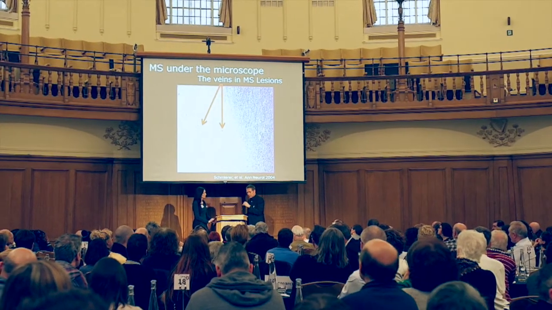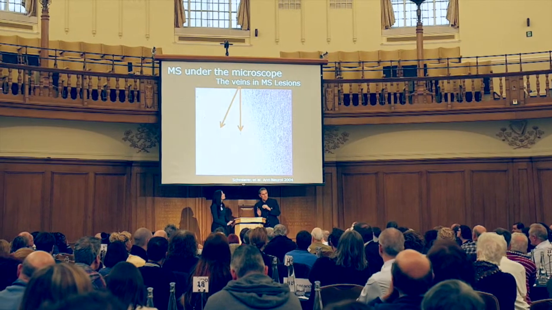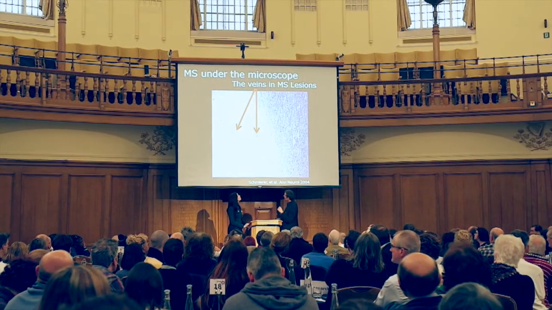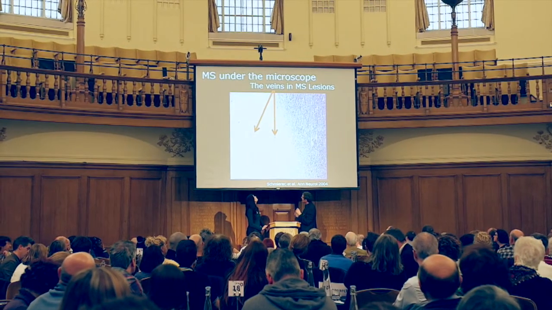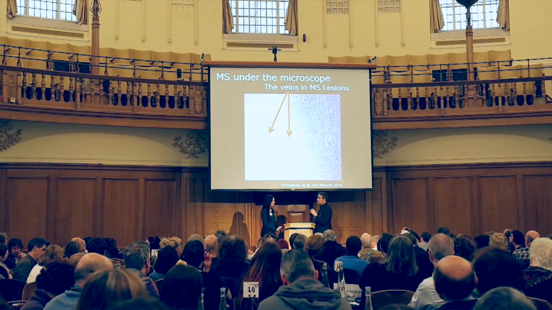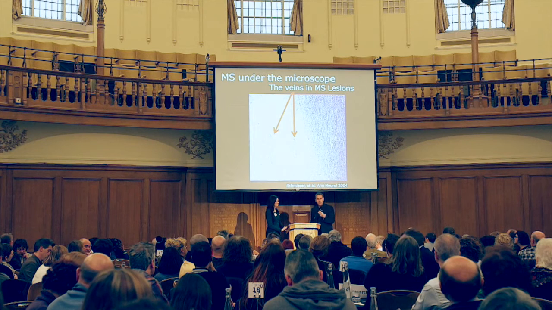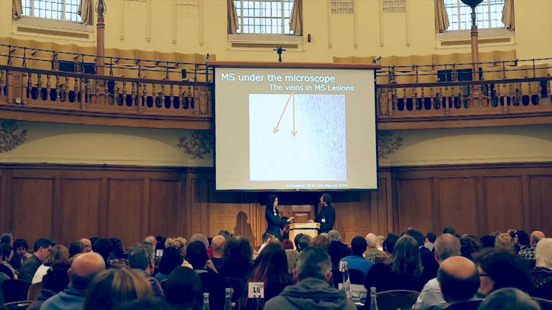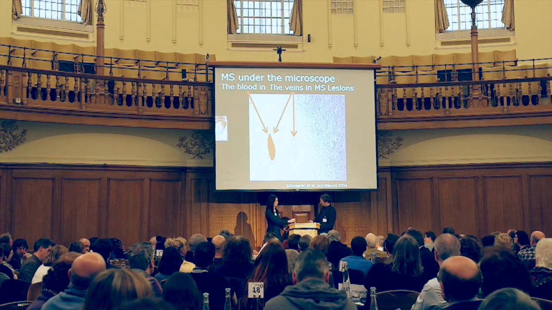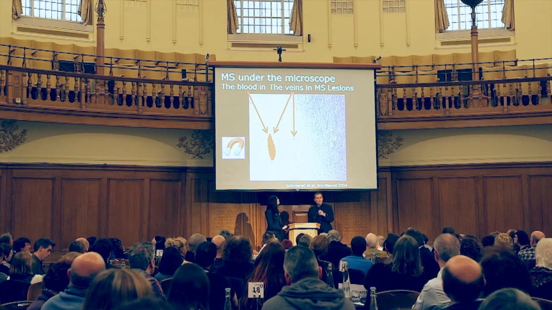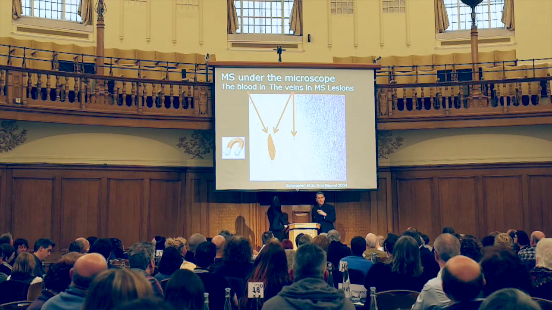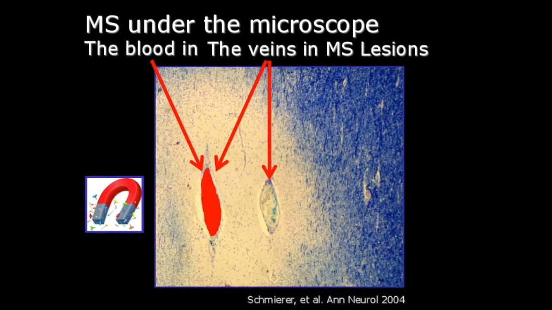Everything that's blue contains myelin, and where there's white, there's demyelination. And within the white area of demyelination, you see two blood vessels, and these blood vessels contain blood, and the blood contains hemoglobin, and hemoglobin has iron, and the iron can be used for imaging of the veins because you have the blood in the veins.